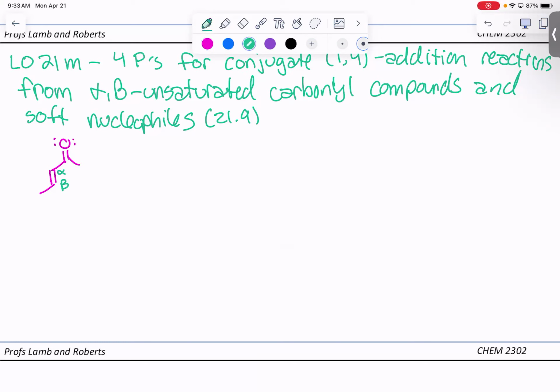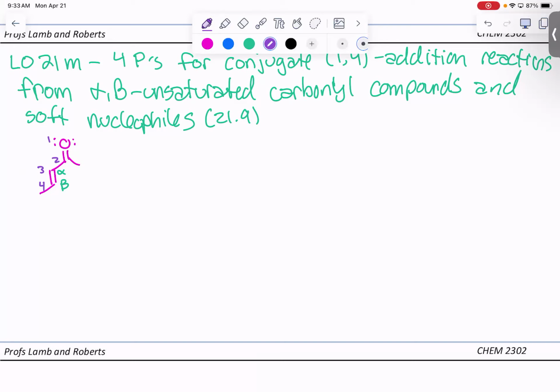Now let's understand what this 1,4 addition situation is about. We also learned when we first learned about ketones that we could label the oxygen the 1 position, the carbonyl carbon the 2 position, the alpha position is the 3 position, and the beta position is the 4 position. We had 2 numbering systems when I first taught you this, and I said it can be a little bit confusing, but that's okay because they're meaningful in their own ways, all right?